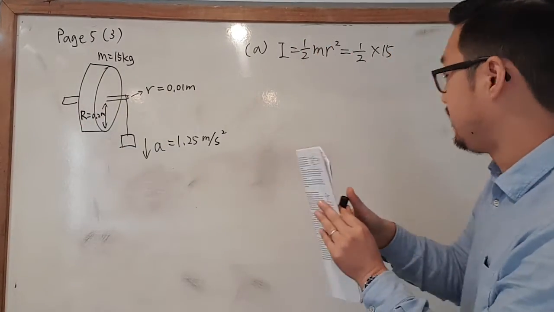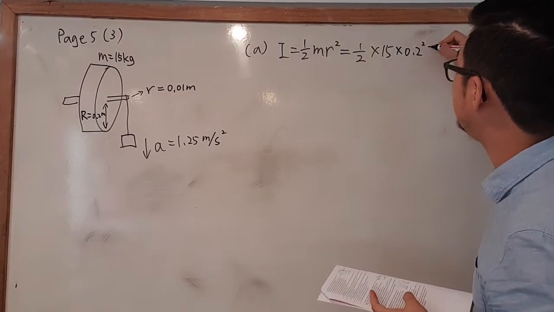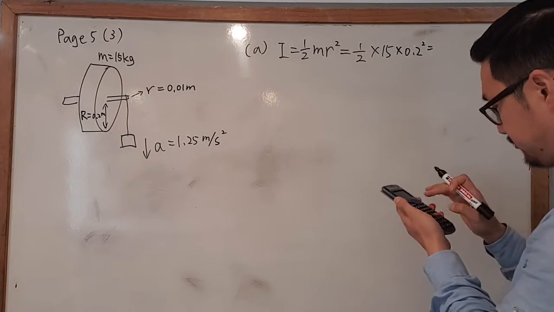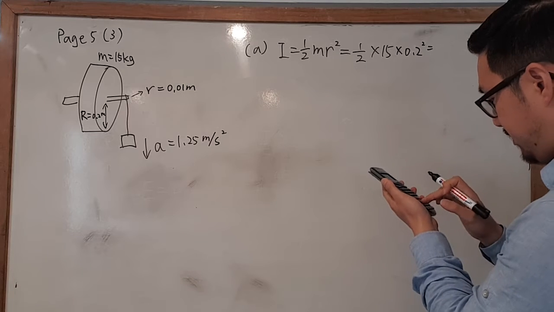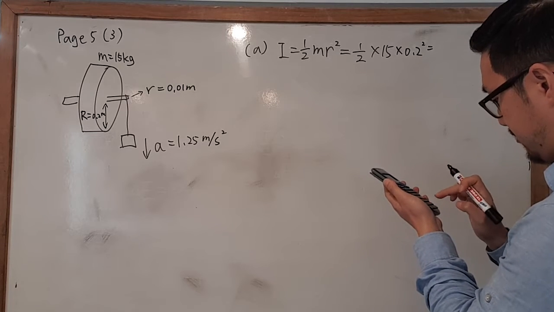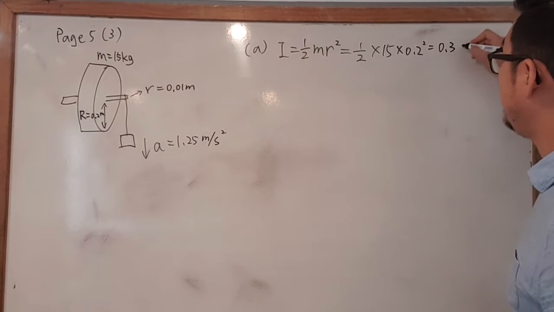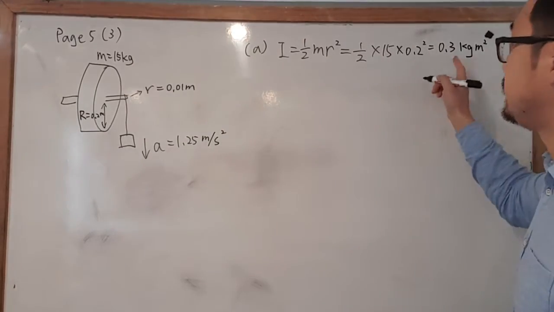Then times 0.2 squared. Putting that in the calculator: 0.5 times 15 times 0.2 times 0.2 gives 0.3 kg meter squared. That's the unit.